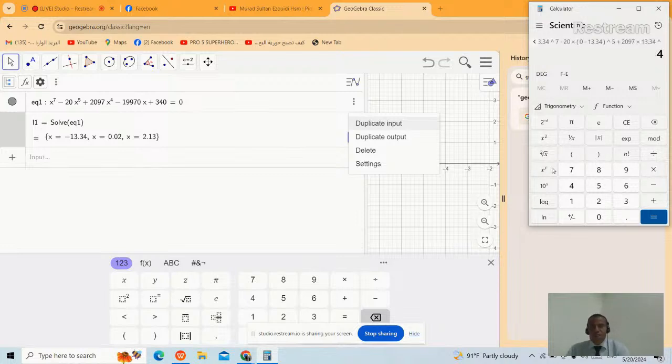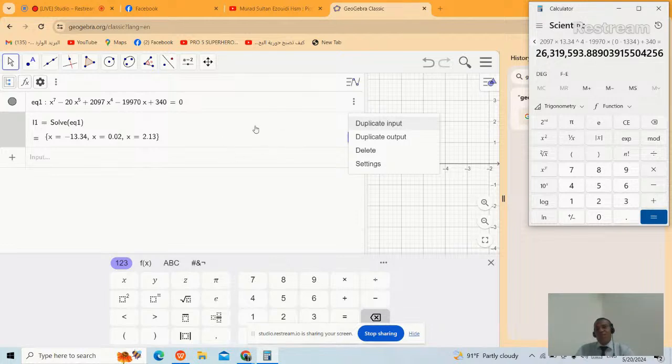To the power 4. Then minus 19970 times negative 13.34, then plus 340. So this one has to give you a 0, not 26,319,593. This is what GeoGebra solved.